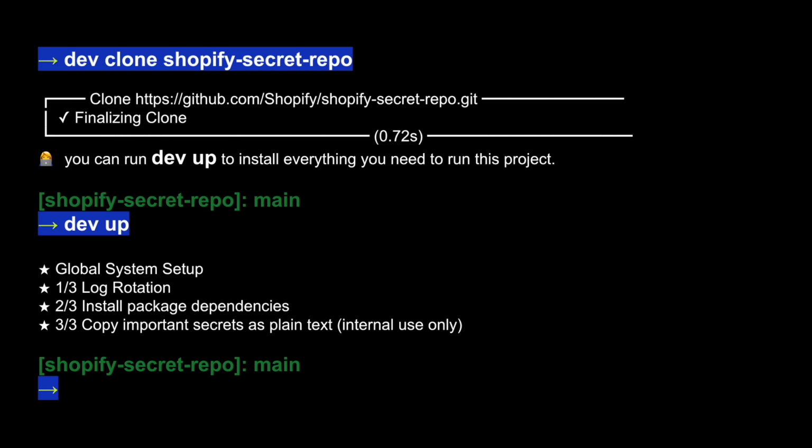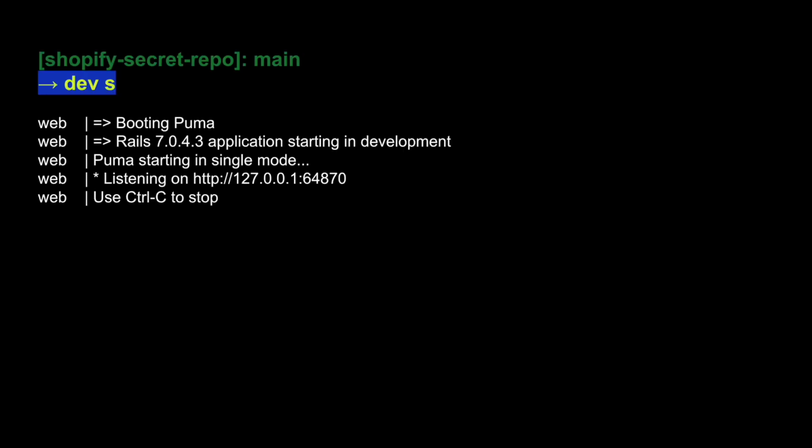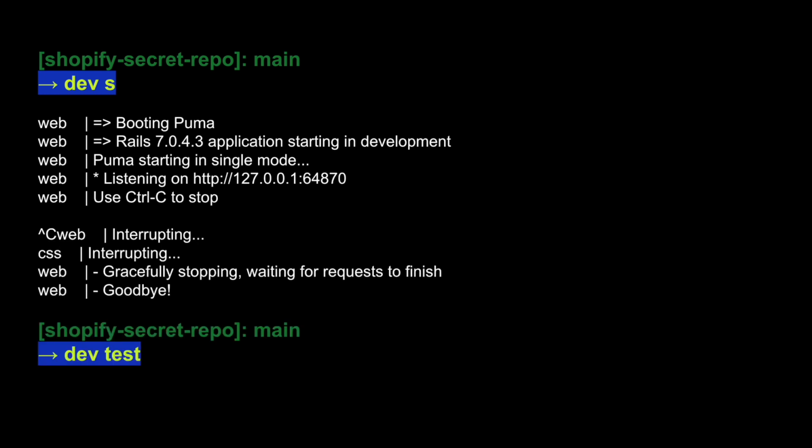And then we want to run this project, so we will run dev server or dev s. Oh, here we go. Here we found out that it actually is a Rails environment. All right. Let's say we did our changes, tested things, and we want to run tests.